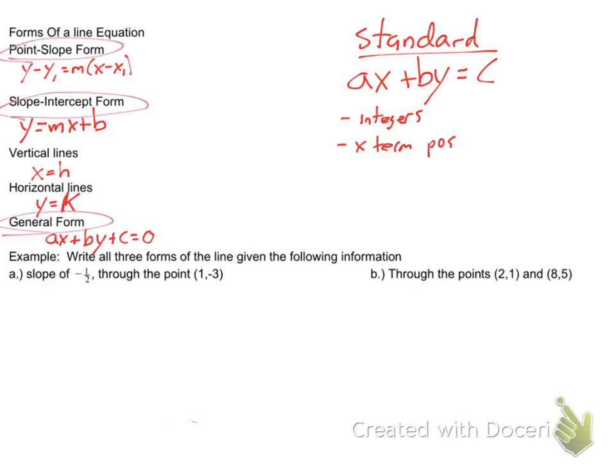So when I get to this, I think it's pretty straightforward to do: y plus 3 equals -1/2 times (x minus 1). So you're done. That's it. Leave it there. But the next one is, hey, put this in slope-intercept form, which actually means simplify it, solve for y. So, y plus 3 equals negative 1/2 x, because I distributed in, plus 1/2.